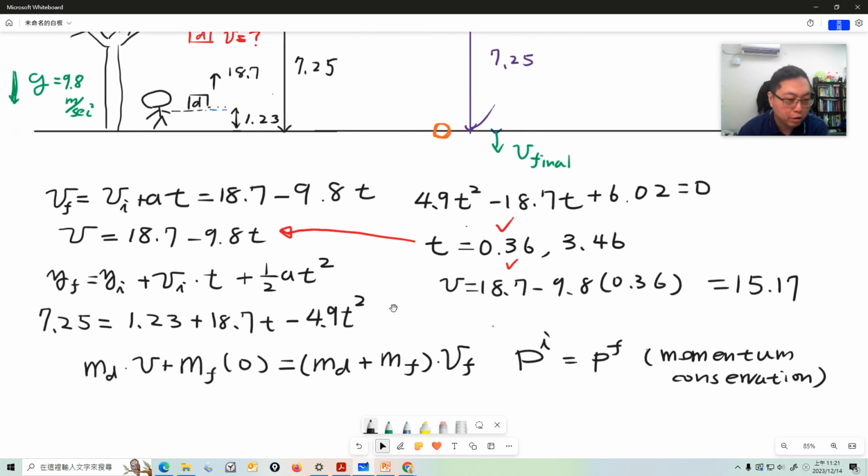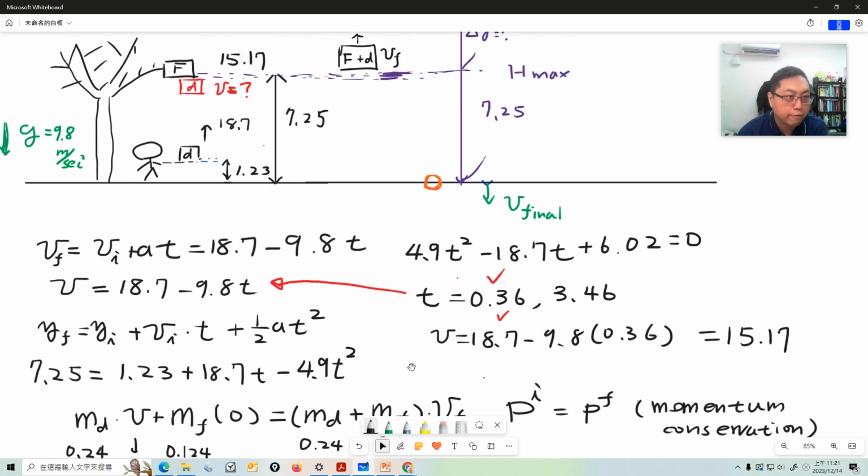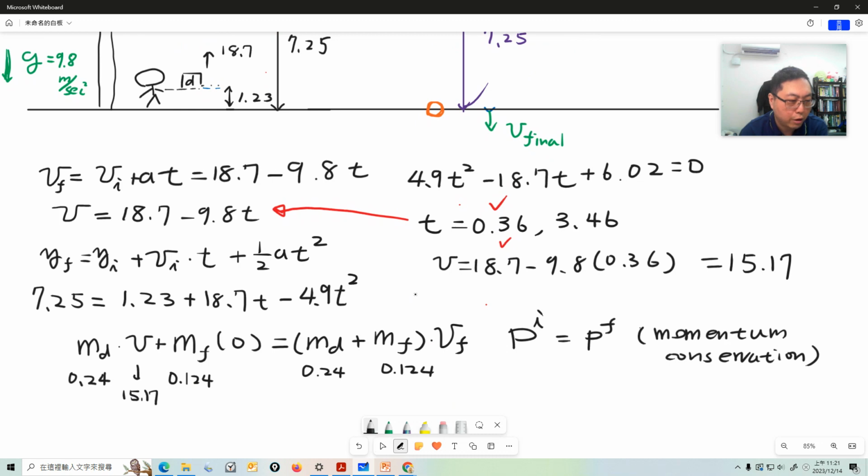And we have the information of mass. The dirt is 0.24, right? And the frisbee is 0.124. With this information, we can get Vf. V is just what we calculated, 15.17. So the velocity right after the inelastic collision is, let's see, I think it's about 10.